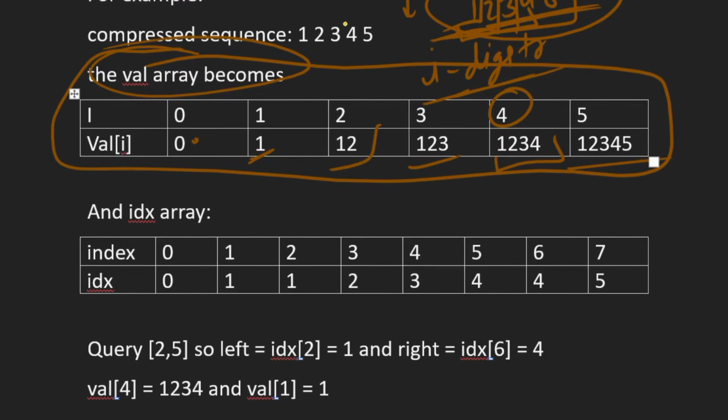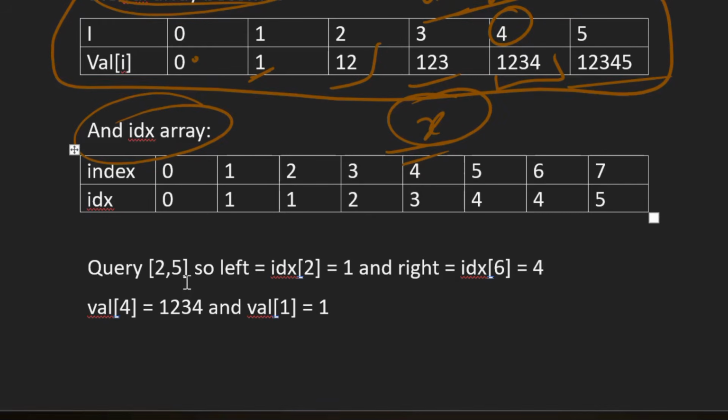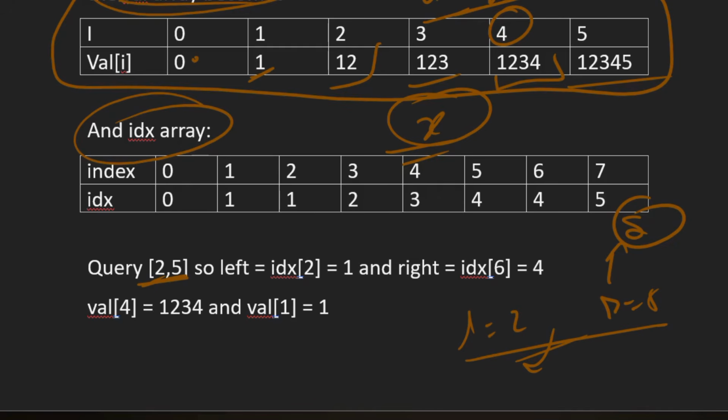Now using the value array and the index array, we'll see how we find the number x. As we know, our query was 2 to 5, so l is equal to 2, r is equal to 5. These indexes are of the original string s. Now we find the index in the compressed sequence using the index array.